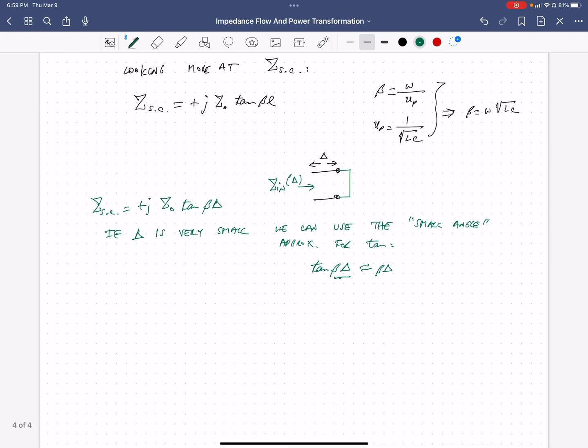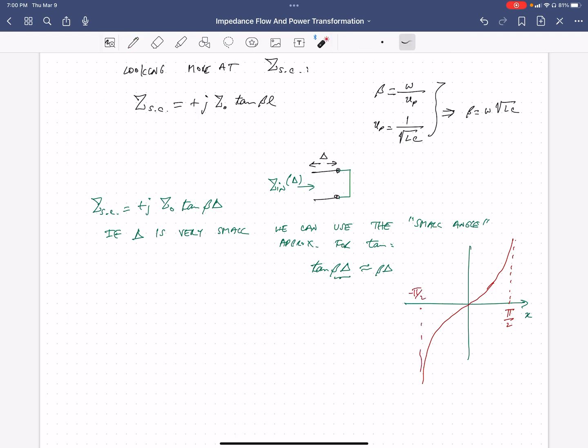The way you can look at that is, if I draw x and the tan of x, it's going to look like this kind of function. So this is pi over 2, this is minus pi over 2.